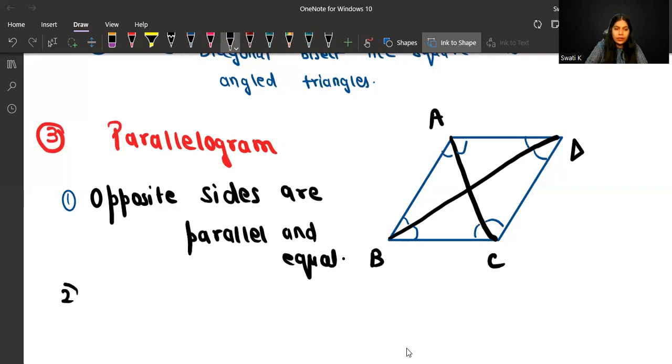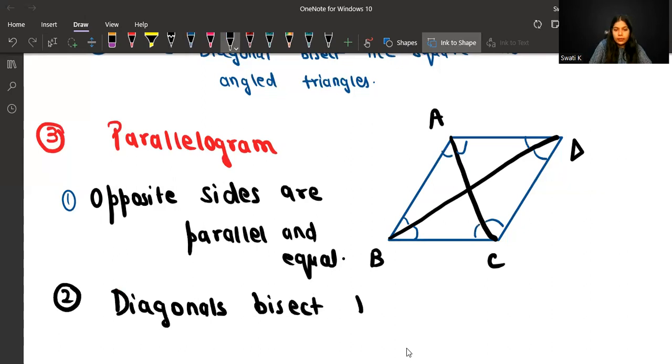So I hope you understood this, and I'm simply going to write down that the diagonals bisect the angles of a parallelogram, whatever you want to write down. So that is the second property. Now next is, here the diagonals are perpendicular to each other.